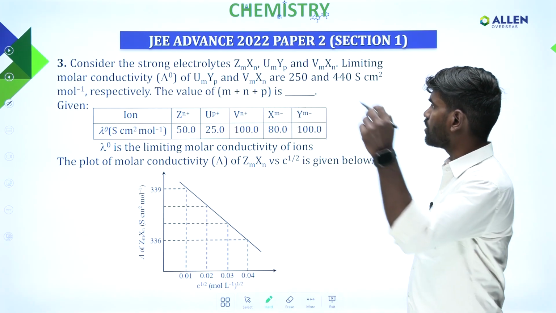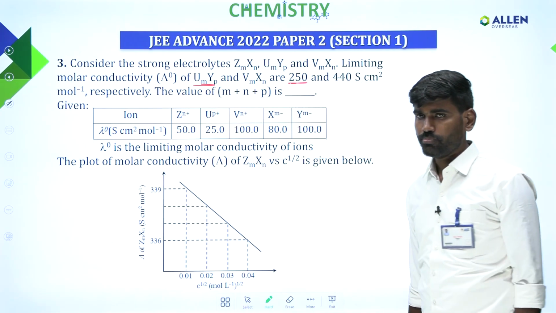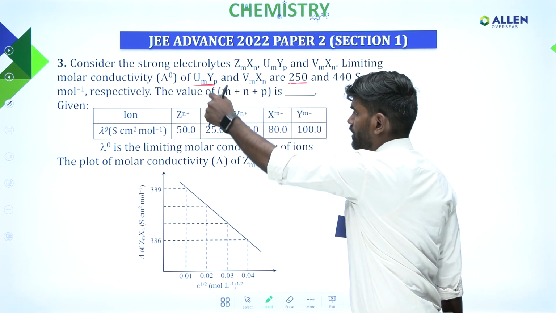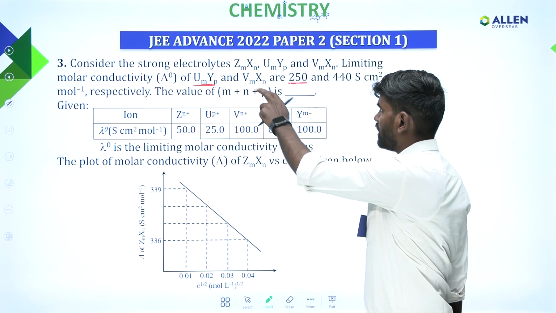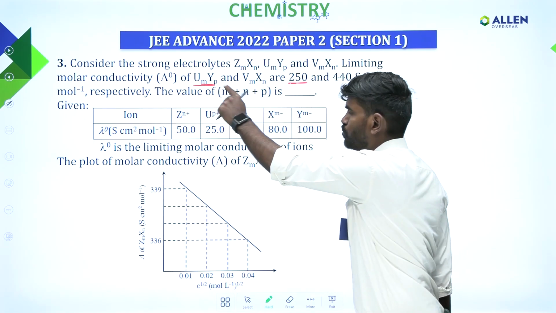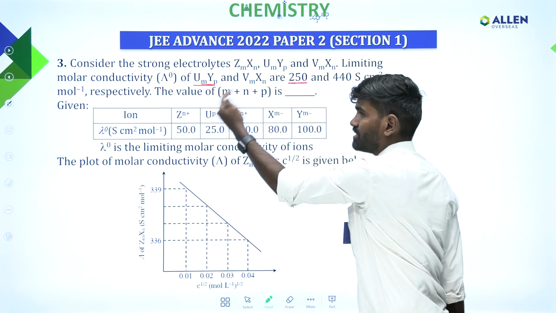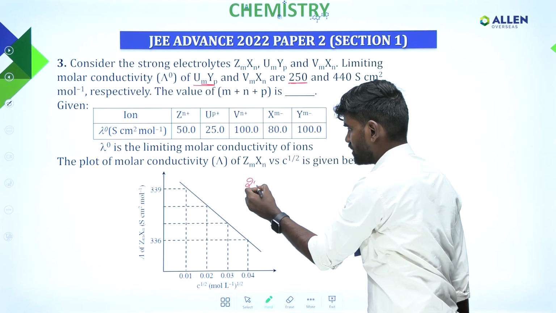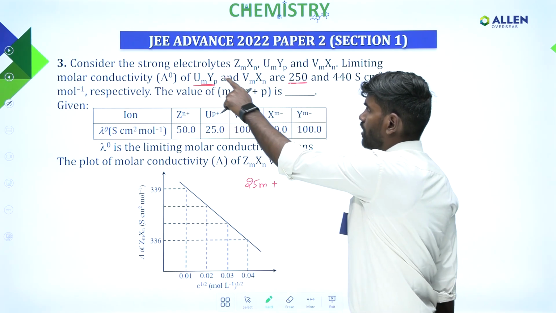Let us first talk about the limiting molar conductivity of UmYp. For the ions we have been given Um and Yp data, and for Vm and Xn also. So let us write the limiting molar conductivity of UmYp. What will it be? U is 25, m is there in the subscript, so 25m plus Yp.